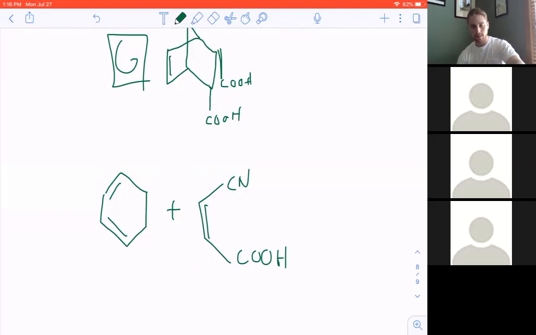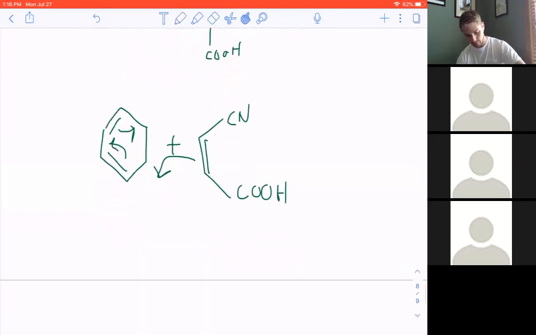So you have these two reactants set up. These are going to react with each other. This will go here, there. Basically, you are forming another bridge for this one.